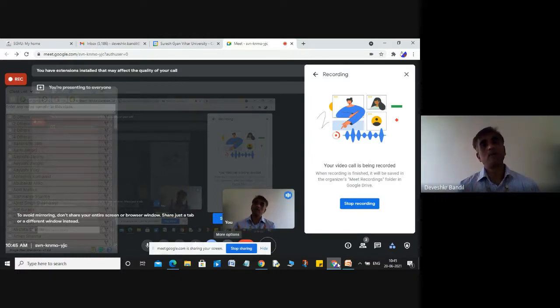Through the ER model, you can define your whole enterprise. That's why the ER model is a most important model. ER model is a most important database because through the ER model you can define the whole enterprise.